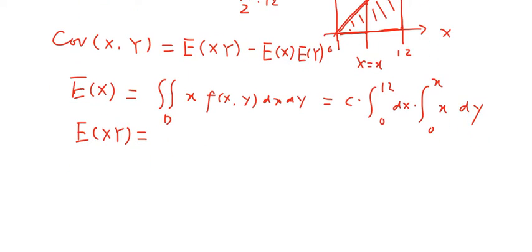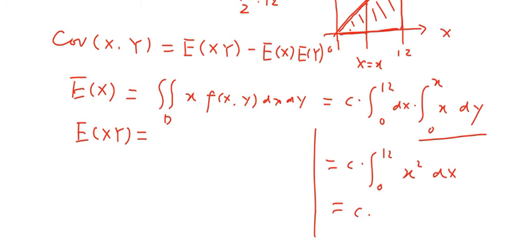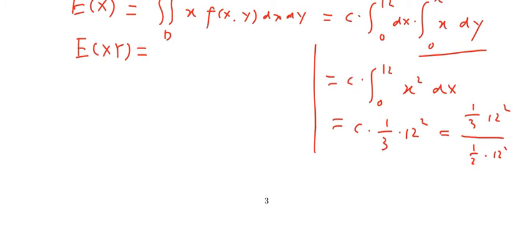For this integration, the integration about y, x is constant, so this becomes x squared. So this equals c times 1 over 3 of 12 cubed. So c is half of 12 squared, right? So we can easily find E[X] equals 2 over 3 of 12.